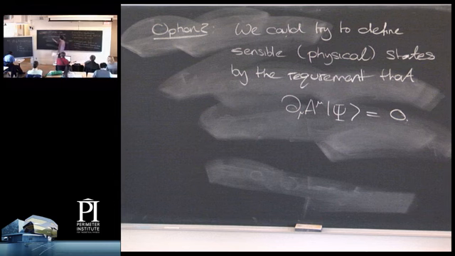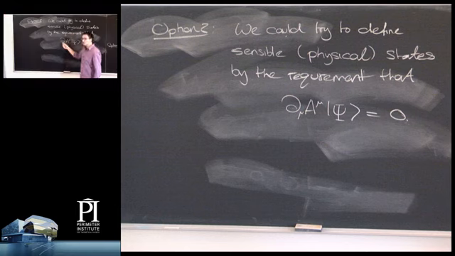So we had an operator condition, but we could insist that maybe the only states that we want to consider to be physical are those that are annihilated by this particular operator. And then it might be, if we're lucky, that this is a sensible condition that gets rid of all these horrible negative norm states. Something we could hope for.